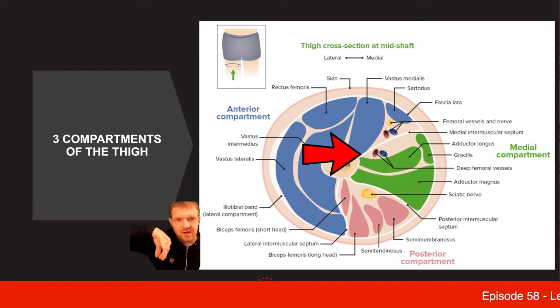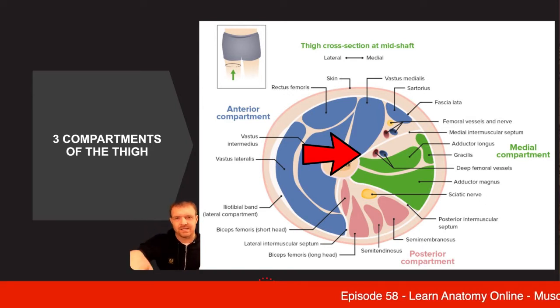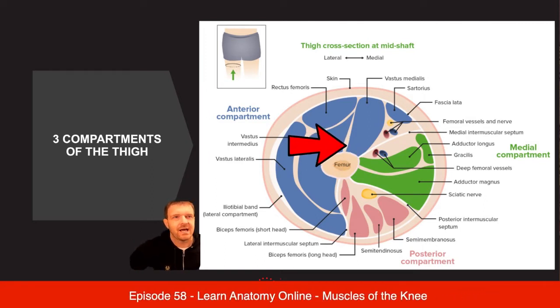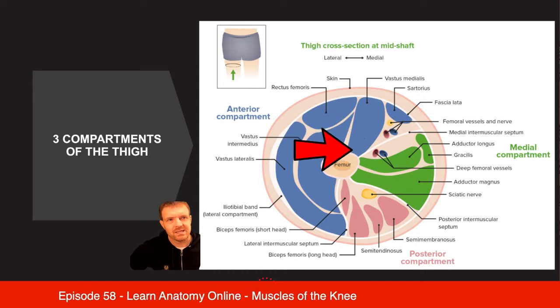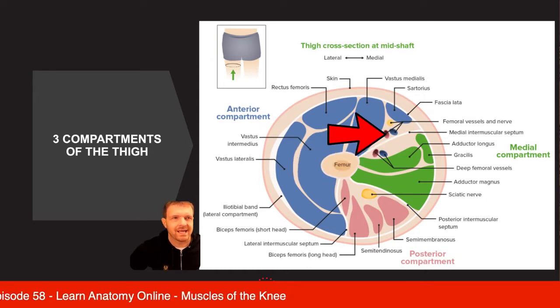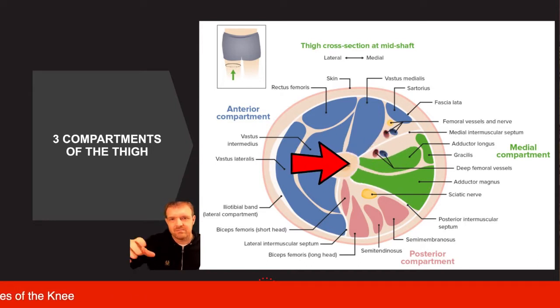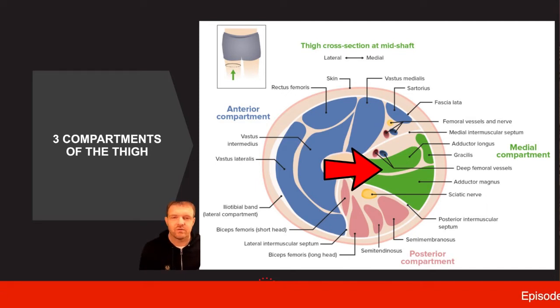There's that line down the back of the femur called the linea aspera, which means the white line, and loads of muscles attach onto there, and you'll see even more attaching onto there today. So your vastus medialis comes right around the back and literally brushes against these muscles in the medial compartment. So your gracilis muscle is right on the inside of your thigh.